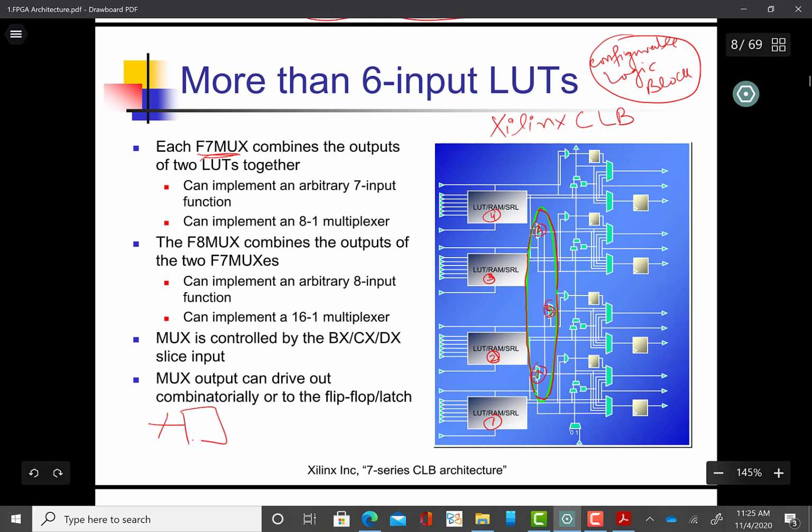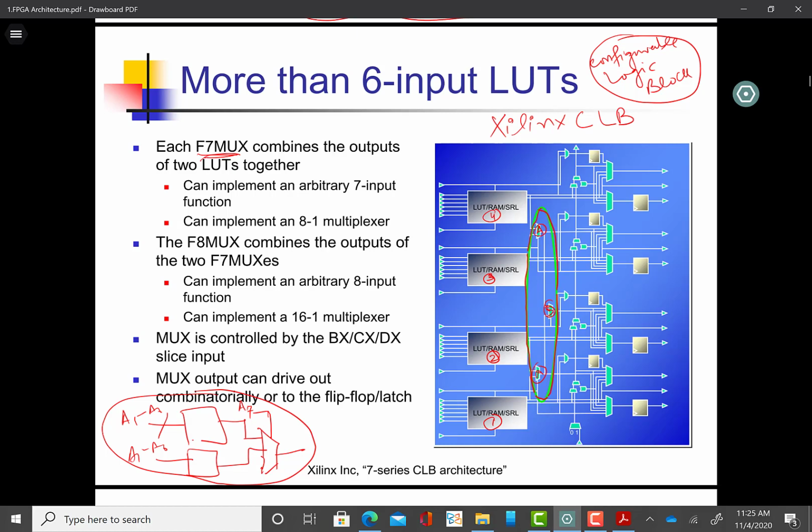Okay, and what they do, they simply do this. We have our 6 LUT, A1 to A6. We put an F7 mux and control this with A7, and this becomes our 7 input LUT. Similarly, if we combine 2 of these with this B kind of mux, this becomes F8.